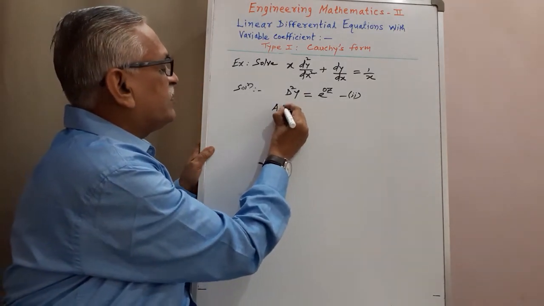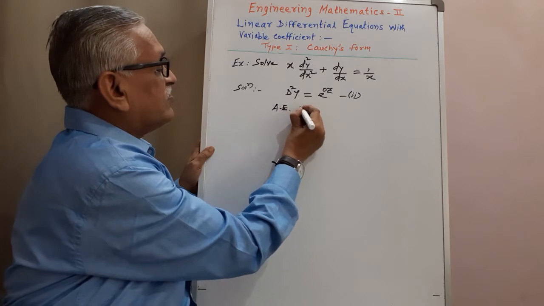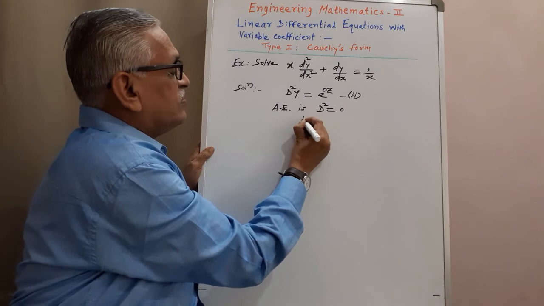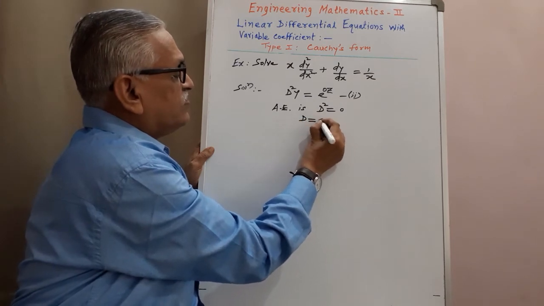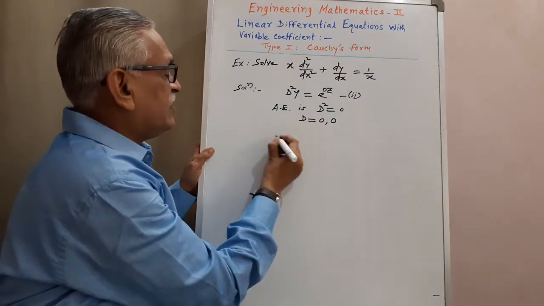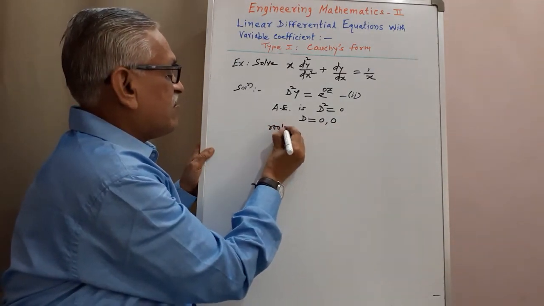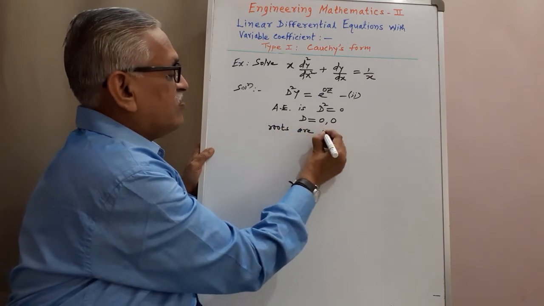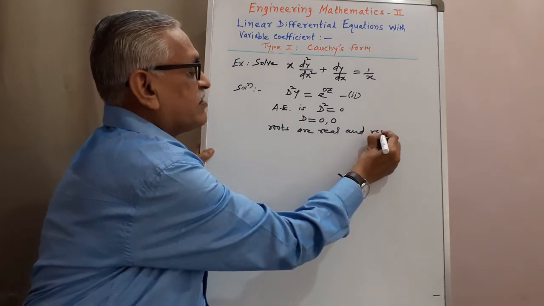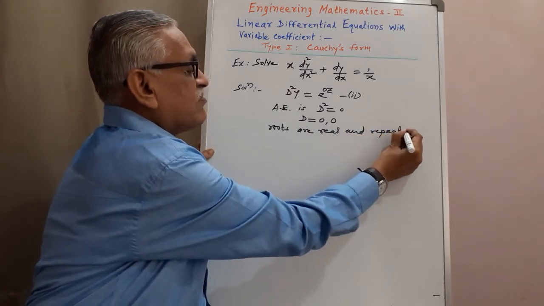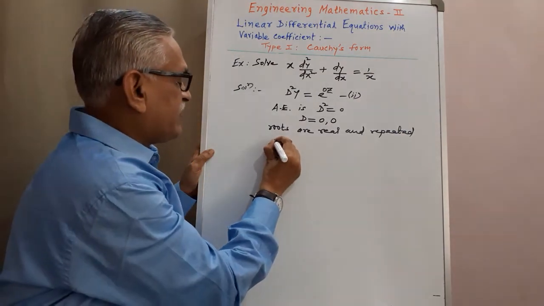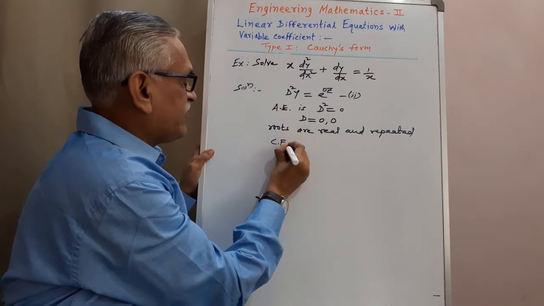Here the auxiliary equation is D square is equal to 0. It gives D equal to 0 and D equal to 0. Roots are real and repeated, and as roots are real and repeated, we apply that technique of writing CF.